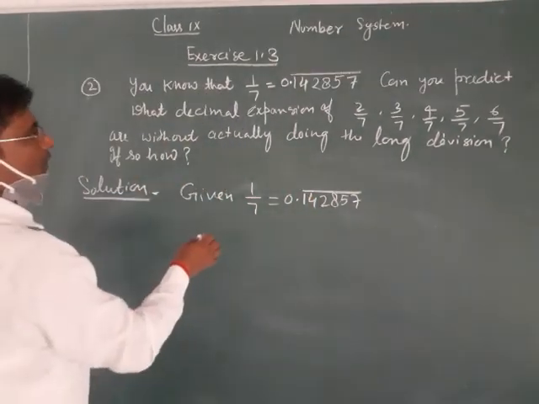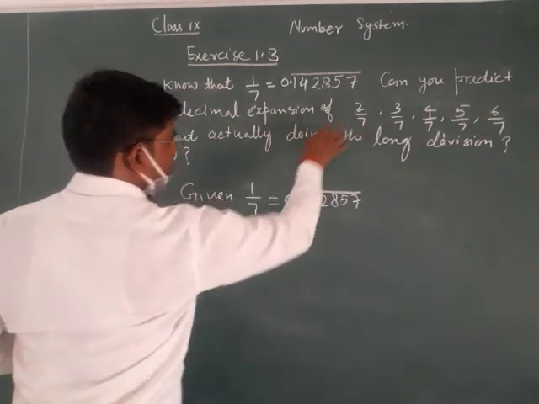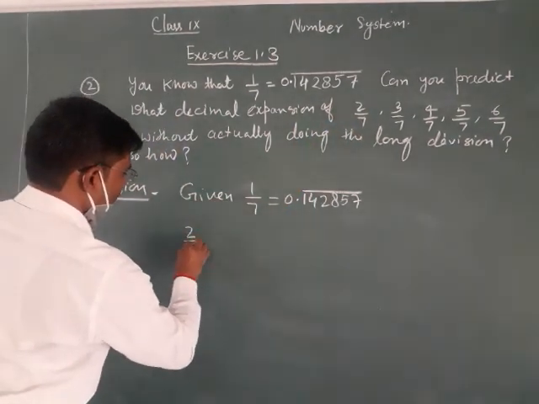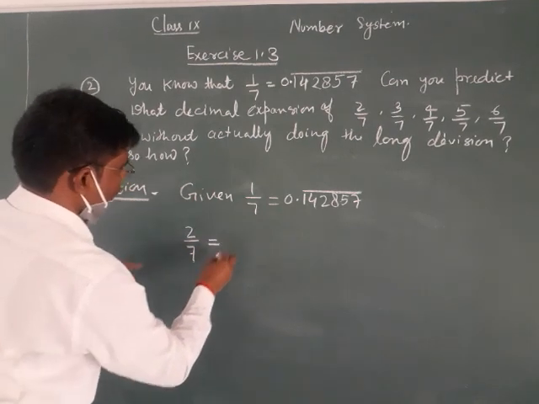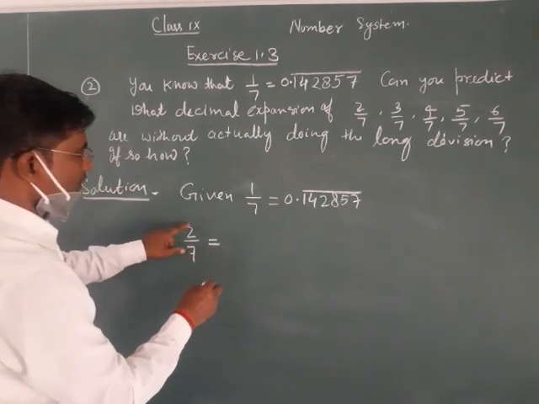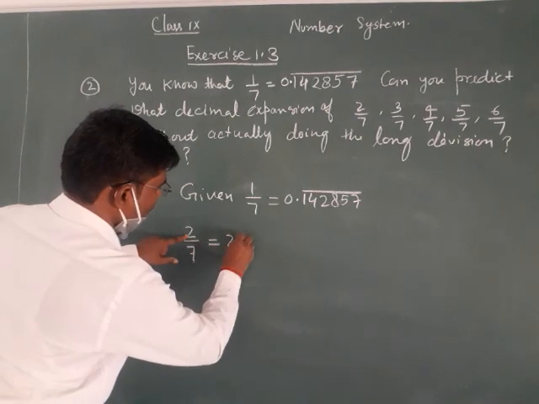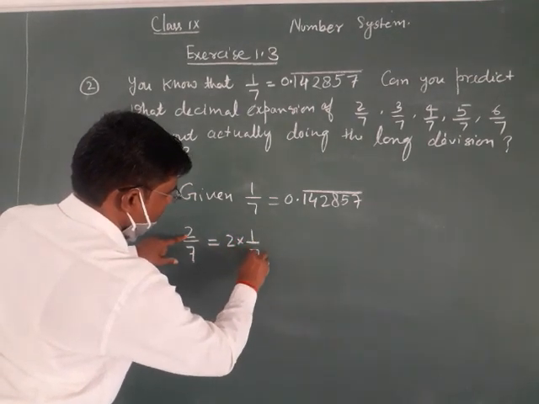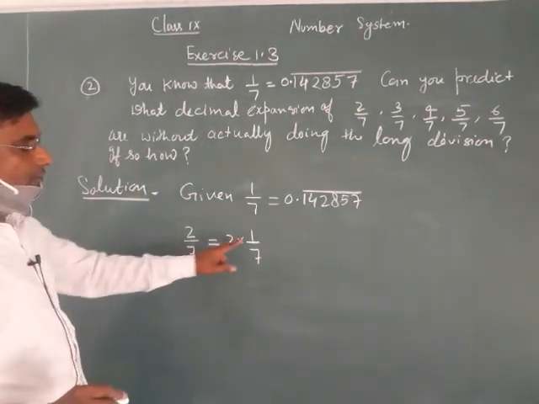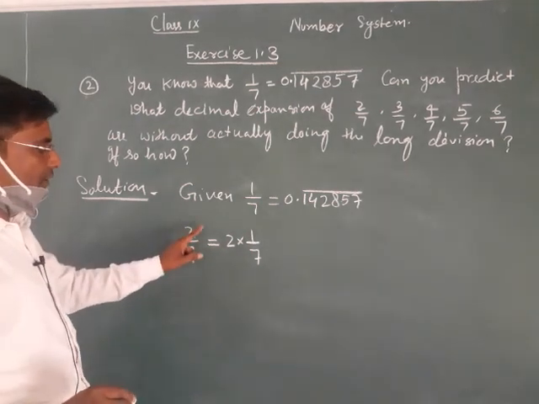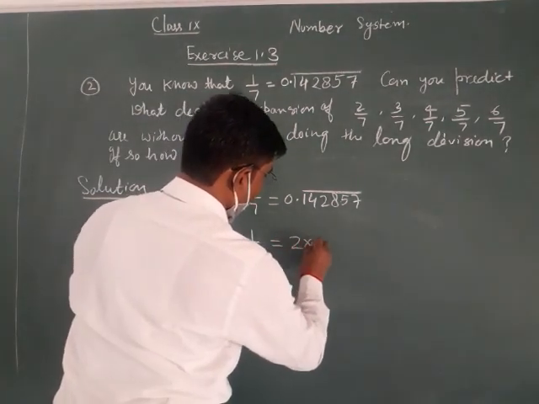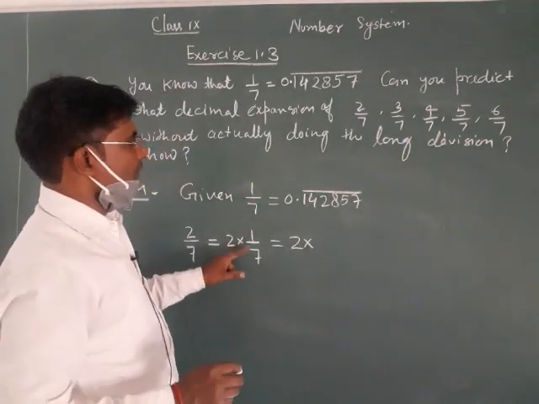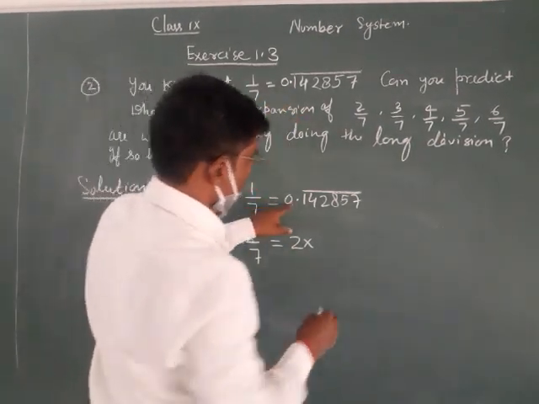So now the first part, 2 upon 7, you can write also as 2 into 1 by 7. Separate 1 by 7 you can write. So now 2 into, put 1 by 7 from the given question.